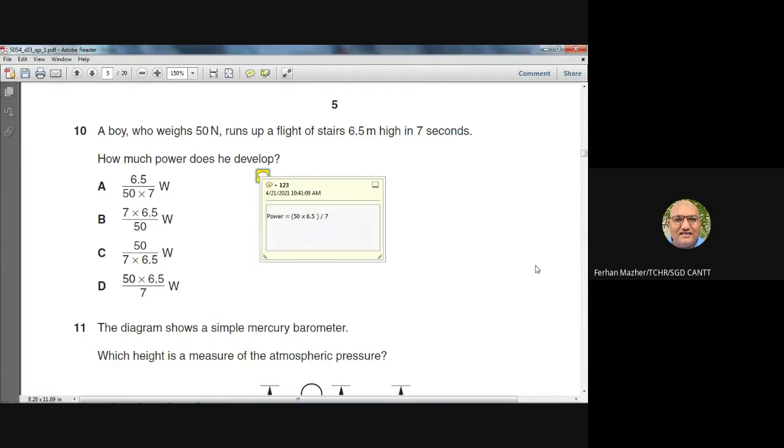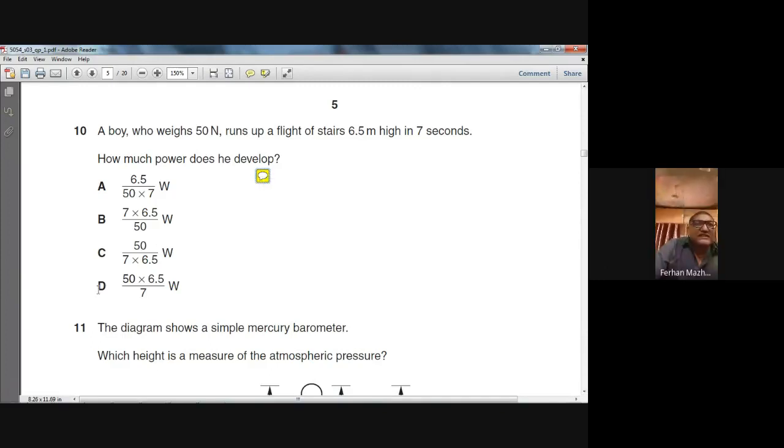So the answer should be 50 multiplied by 6.5 divided by 7. So I think D is the right answer.